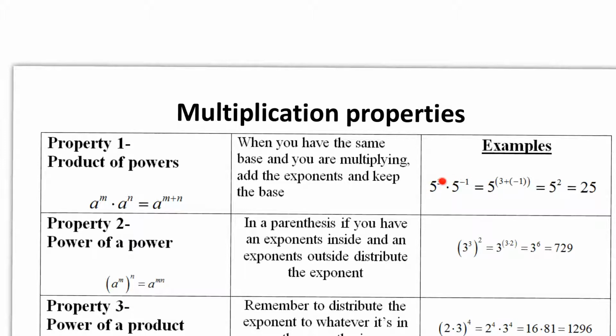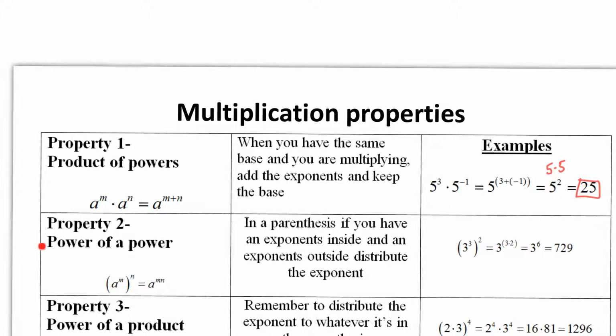I'm going to add the exponents. 3 plus -1. 3 plus -1 is 2. So I keep the base, 5, and my new exponent is 2. Now I can simplify this. 5 squared is 5 times 5. You multiply the base 2 times. So the answer is 25.